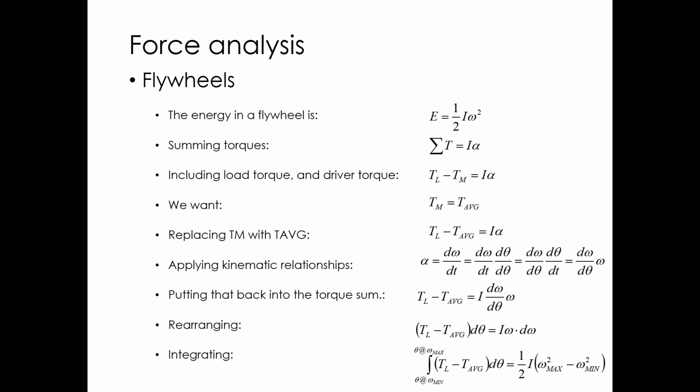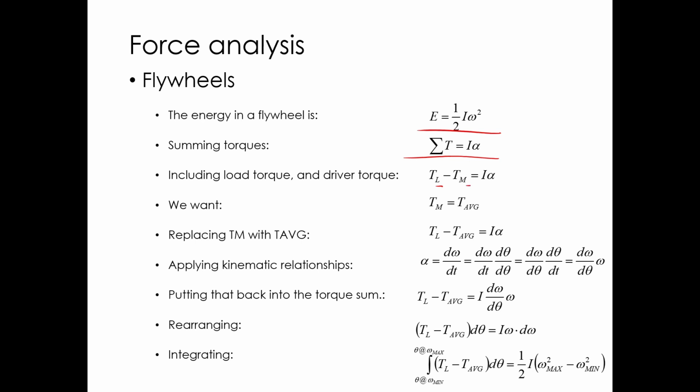So I'll get through the derivation here, and we'll talk about how you actually apply this for a couple of examples in a second. Energy for a rotating body is 1/2 I omega squared. Torque summation for the system, that's easy: sum of torques is I times alpha. We're going to separate the torque required for the load and the torque required to drive the load.